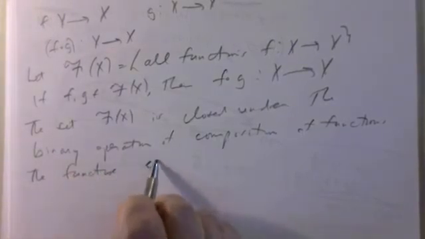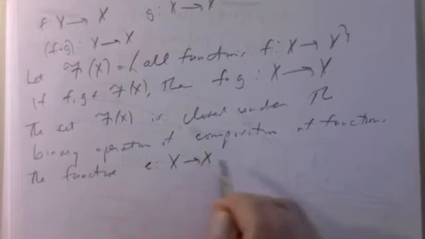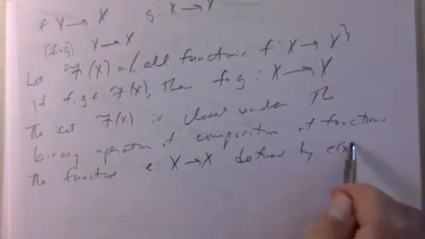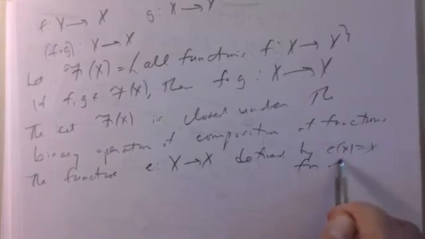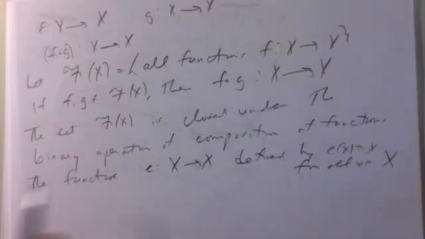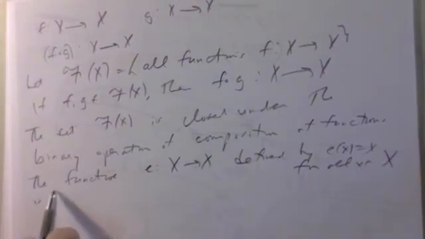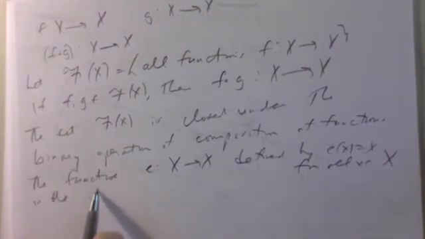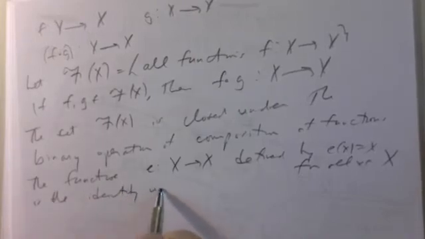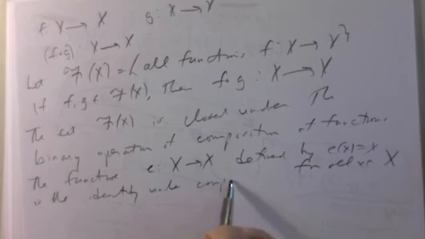The function e from x to x, defined by e of x is equal to x for all x in the set, is an identity under composition.